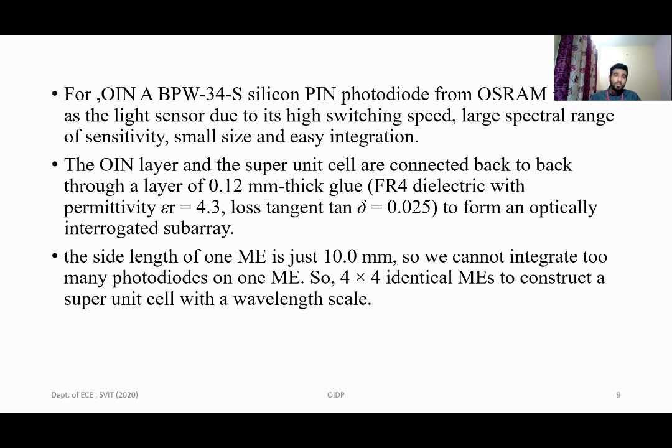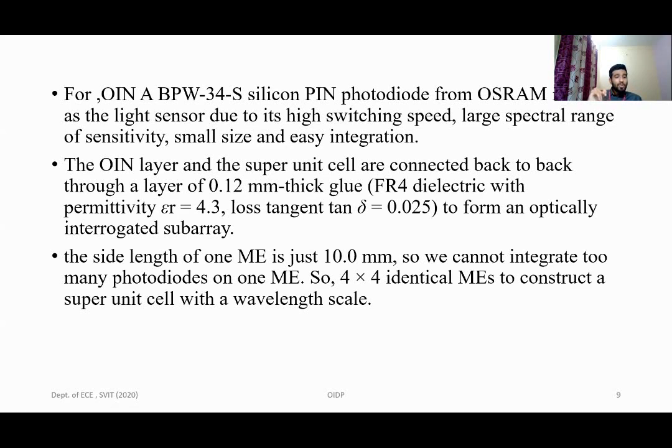Coming on to the OIN, the optically interrogated network. In this topic they have used the BPW 34S silicon PIN photodiode from Osram as the light sensor due to its high switching speed, easy integration and high sensitivity, and the maximum voltage from the photodiode is about 0.5 volts.